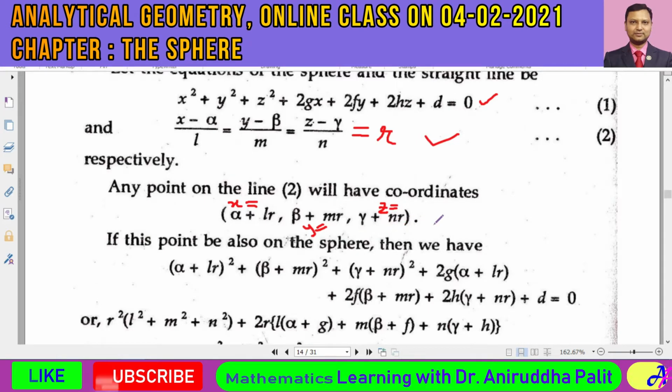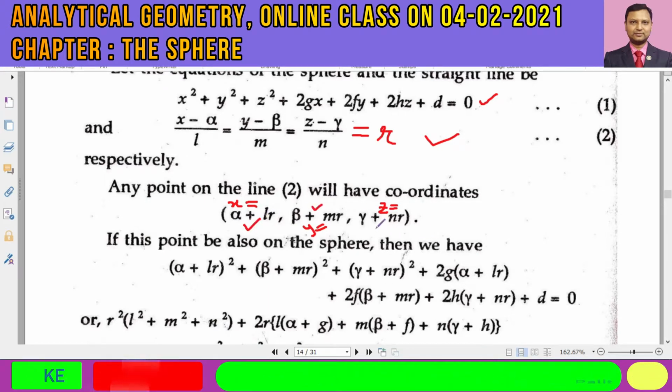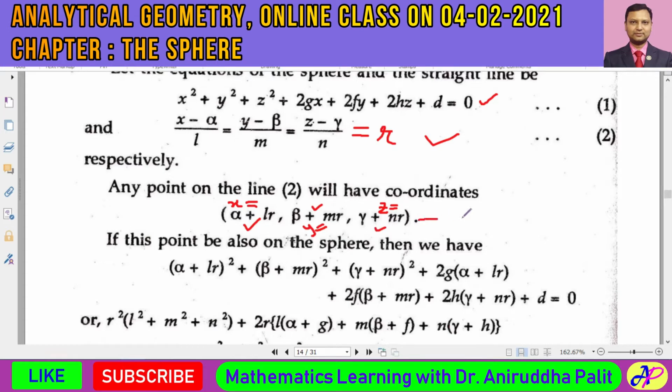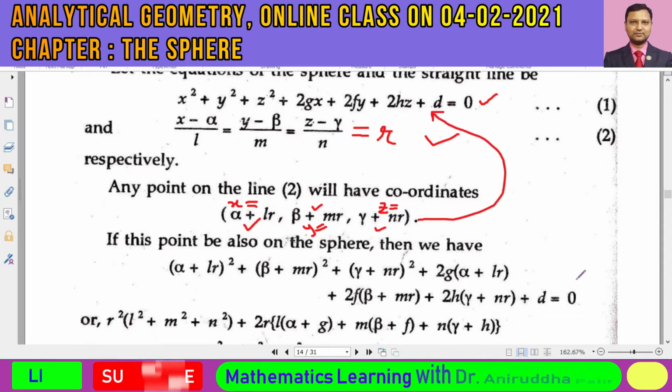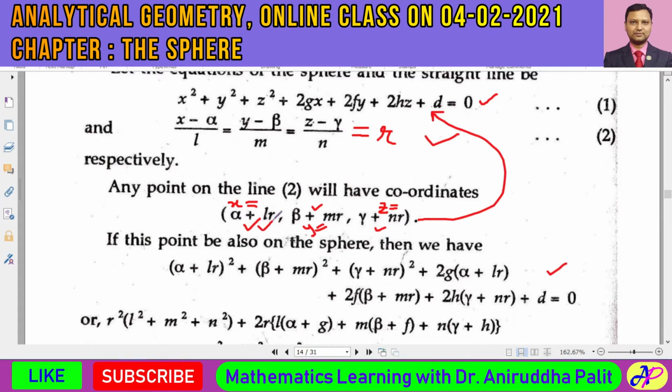Okay, so if we put x, y, and z as equal to alpha plus lr, beta plus mr, and gamma plus nr respectively in this equation of the sphere, then we will get this result. Over here, in place of x, y, and z, we have put alpha plus lr, beta plus mr, and gamma plus nr.